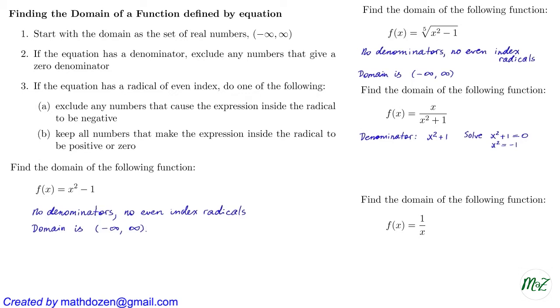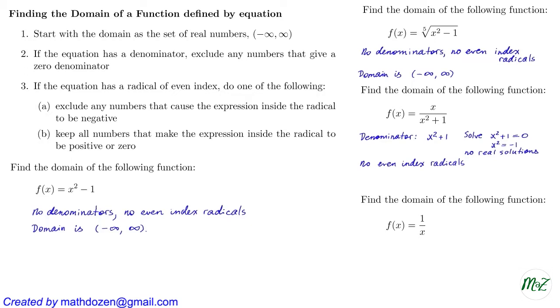If you subtract 1 from both sides, you have x squared equals negative 1. That equation has no real solutions. So there is nothing to exclude from the domain, because the denominator x squared plus 1 will never be equal to 0.